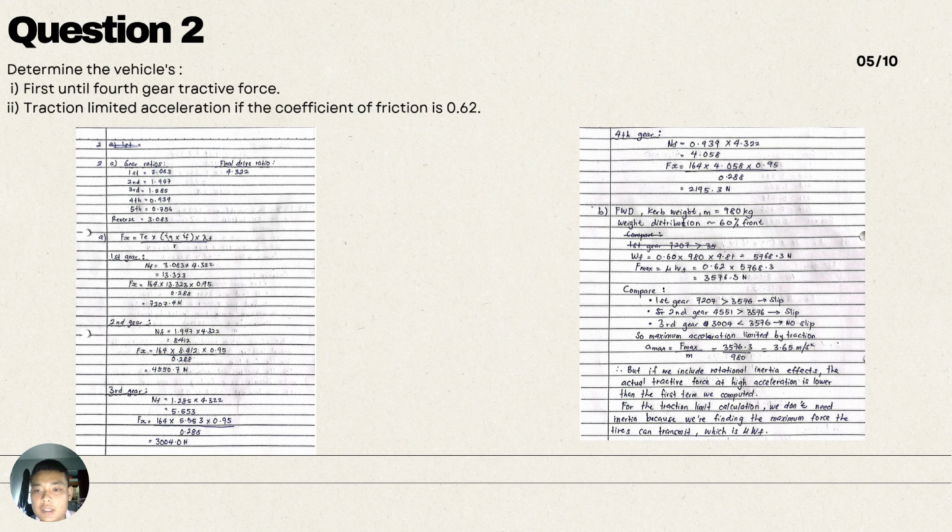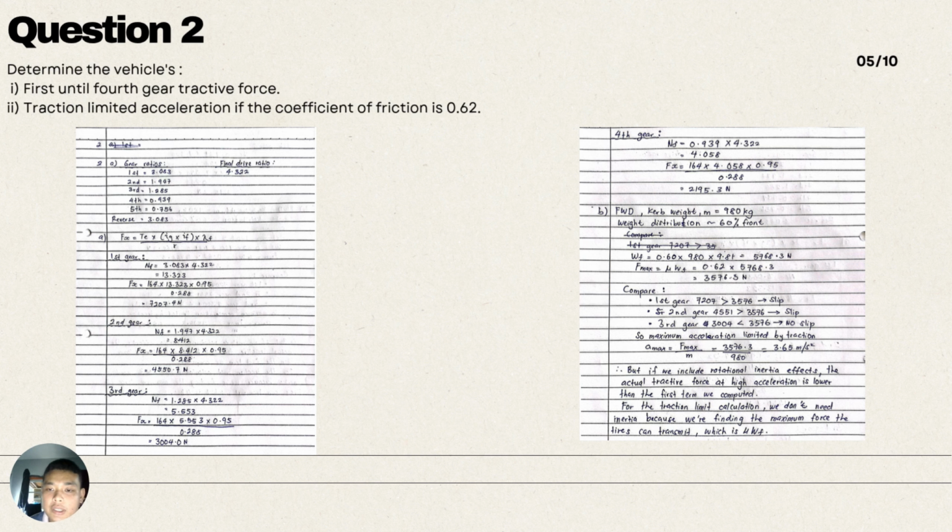So we compare the first gear to the third gear. For the first gear, 7,207 is bigger than 3,576, so the first gear slips. The second gear, 4,855, is also bigger than 3,576, so it slips.